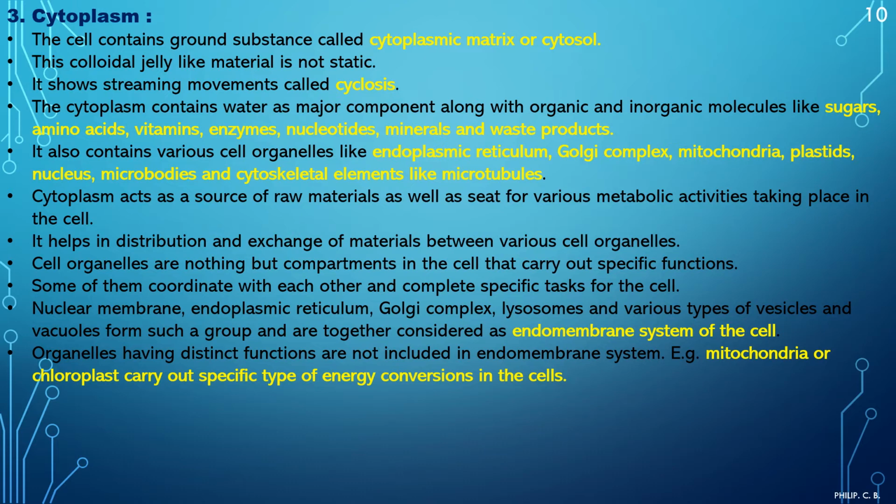So nuclear membrane, endoplasmic reticulum, Golgi complex, lysosomes and various types of vesicles and vacuoles form such a group, and together are considered the endomembrane system. Once again, I repeat these terms: nuclear membrane, endoplasmic reticulum, Golgi complex, lysosomes, and the types of vesicles.